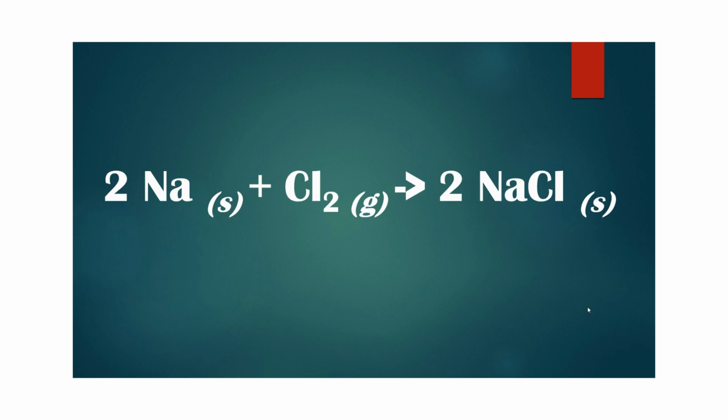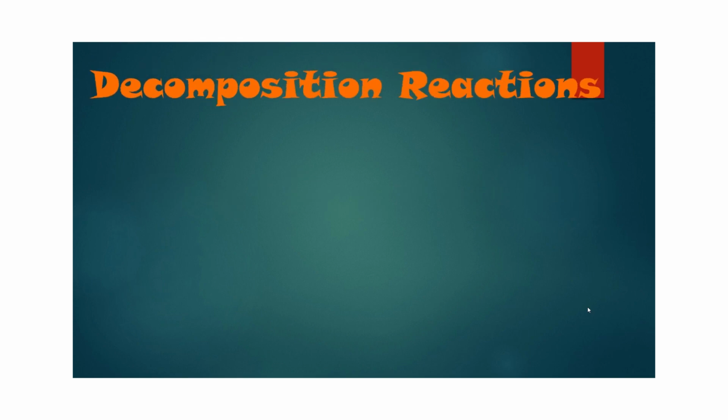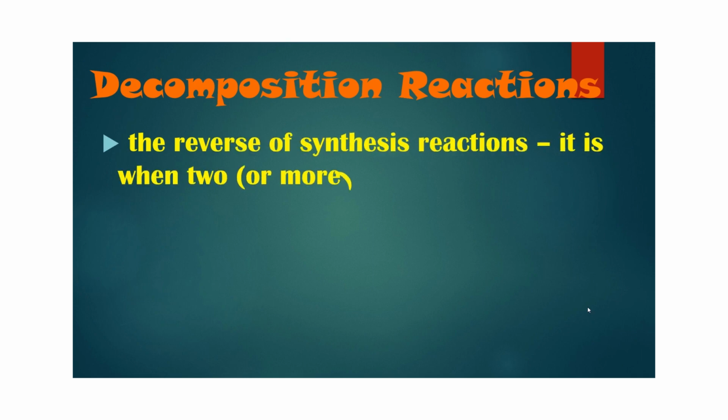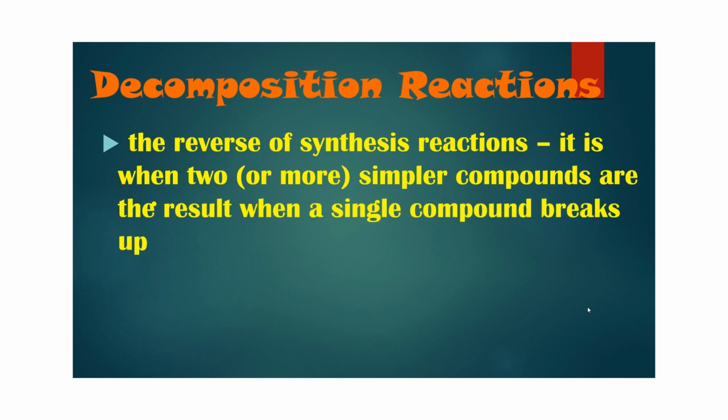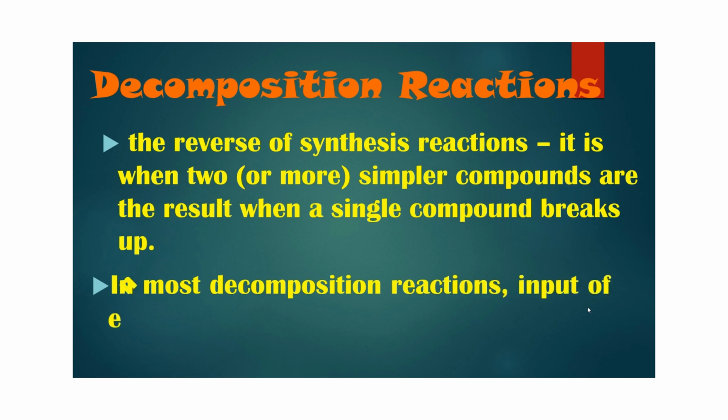The second type of chemical reaction is the decomposition reaction, the reverse of synthesis reaction. It is when two or more simpler substances result when a single compound breaks up.